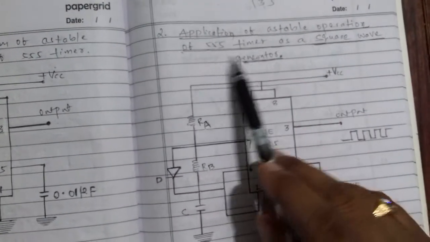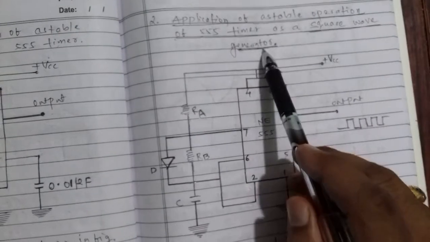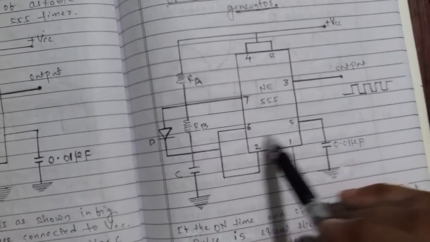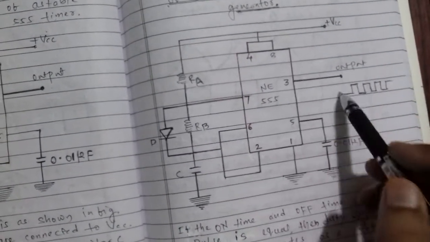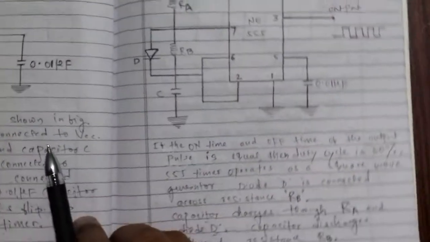Applications of astable operation of 555 timer: as a square wave generator.